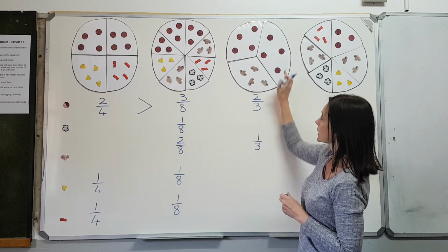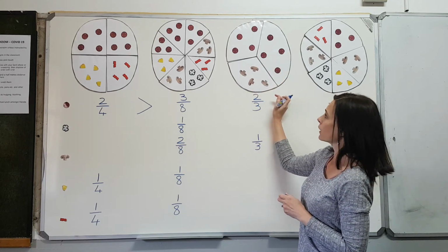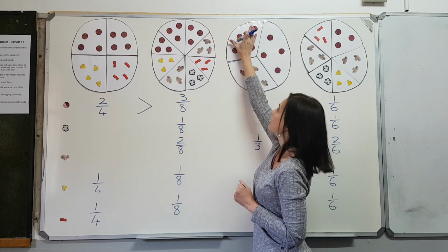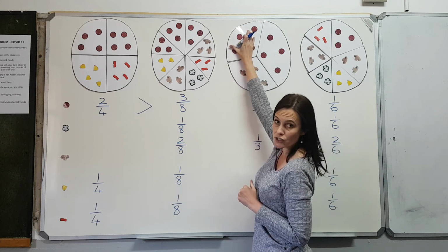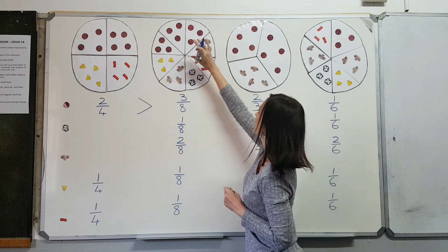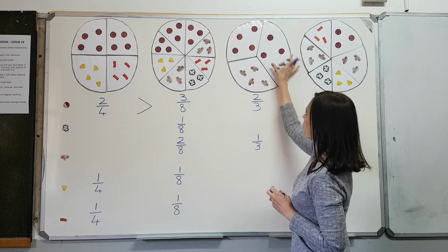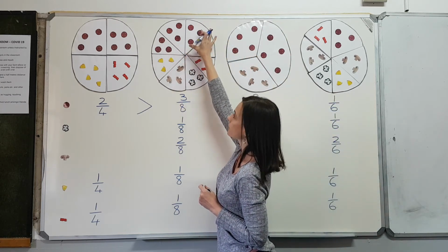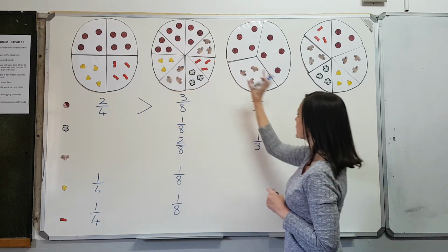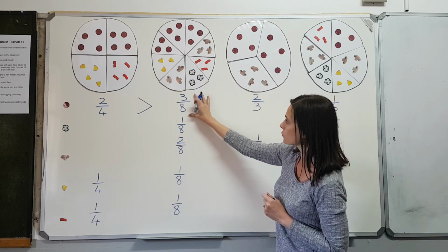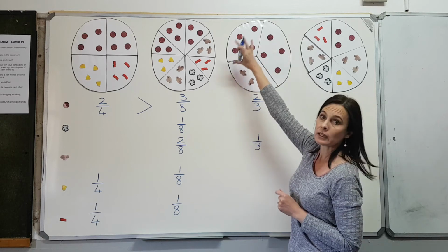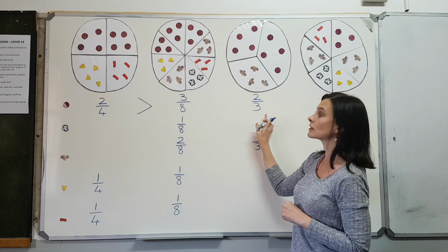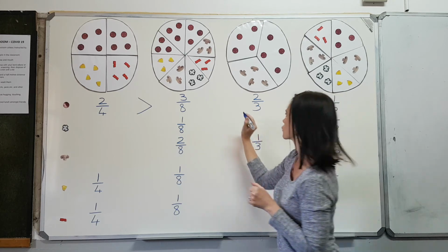I've cut the pizza into 3 slices, and if I look at one of these slices and one of those slices, the thirds are much larger than those ones. Here I can see pepperoni all around this way, and I can only see pepperoni at the top for that one. So this fraction is bigger than that one because there is more pepperoni on this pizza than on that one. So the crocodile is going to eat this fraction, the bigger one of the 2.